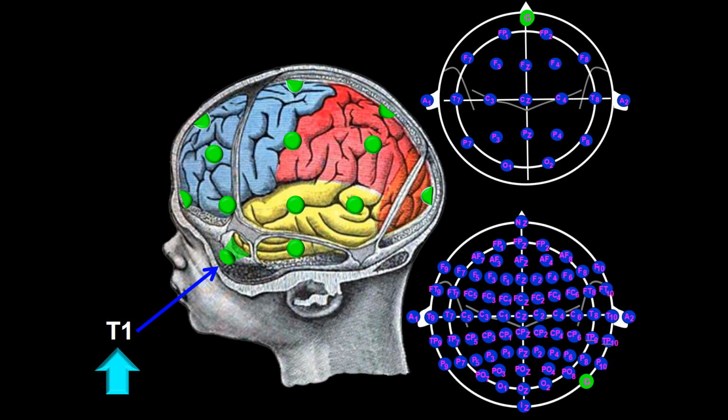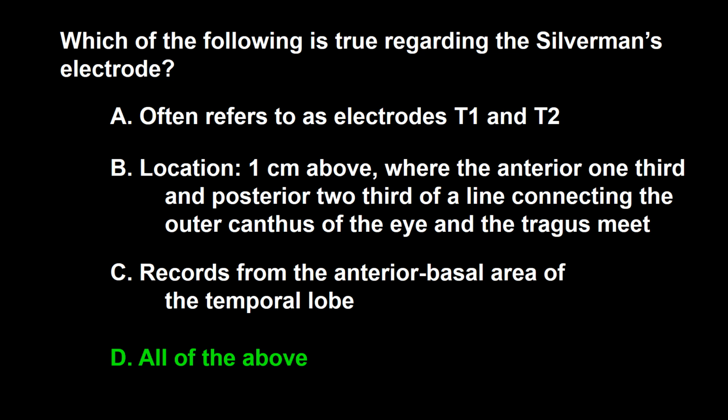The Silverman's electrode surveys the anterior basal area of the temporal lobe. In the 10-10 system, the closest electrode to the Silverman's electrode is labeled as F9. So the answer to this question is D, all of the above.